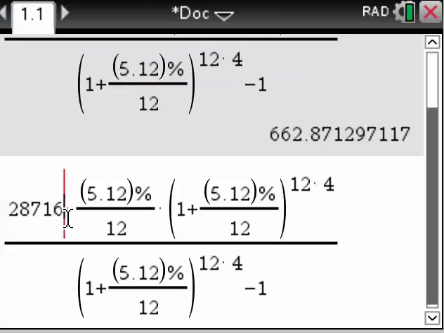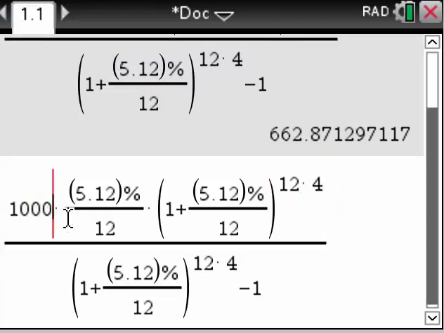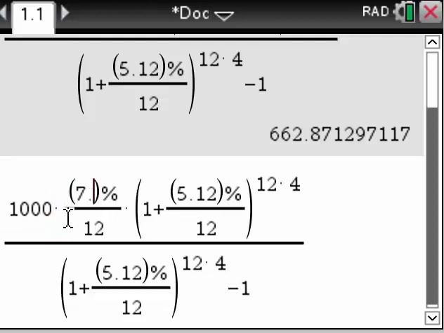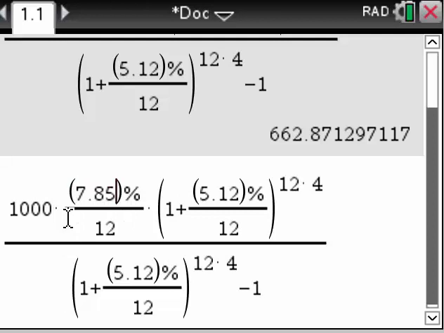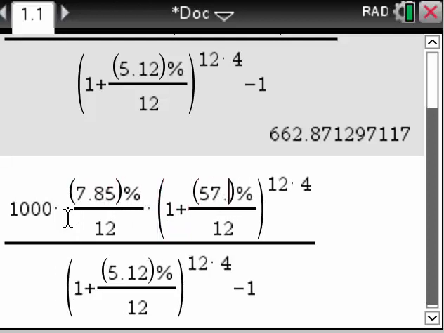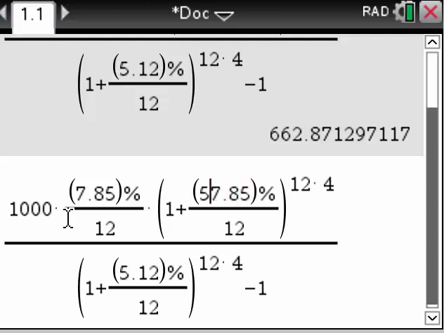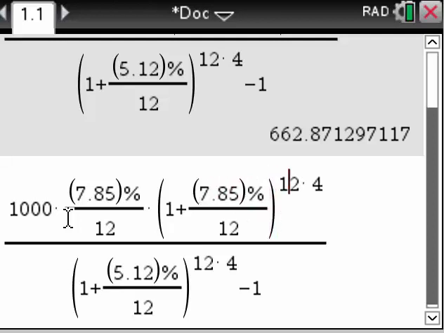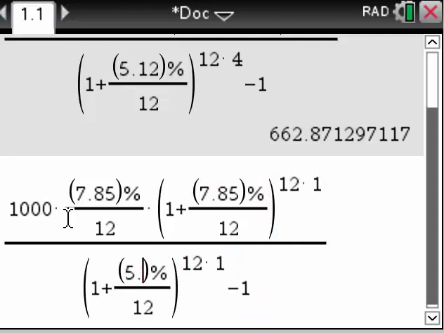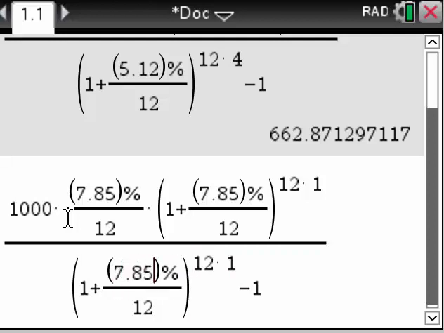So now you can go in, change your principal amount to 1,000, change your percentage to 7.85%, change your time to 1, go down, change your time to 1, and change your percent to 7.85%. If you think you're going to mess that up, then retype the whole thing.